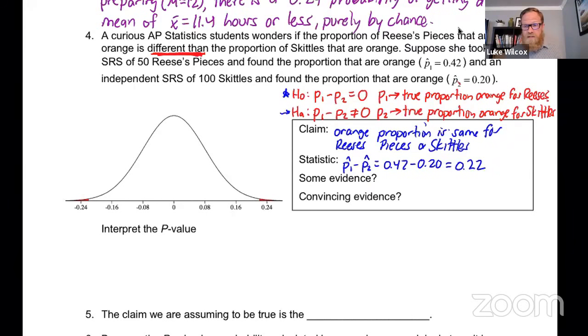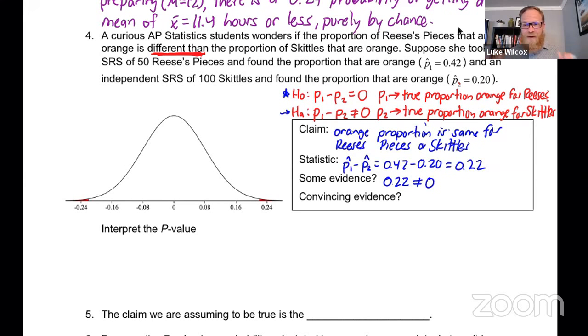Well, the alternative says that it's not equal to 0. And sure enough, when we took our samples, we got a difference of proportions that is not equal to 0. So that 0.22 difference in proportions that we got there isn't equal to 0, which gives us some evidence for the alternative. But do we have convincing evidence, or could this result have happened purely by chance?